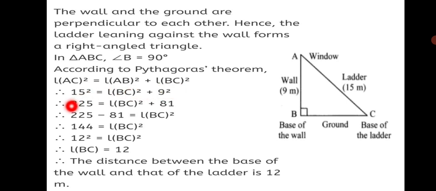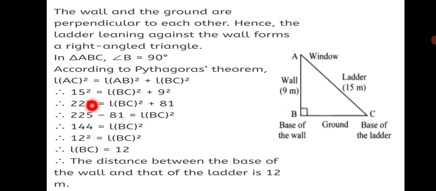Substitute the values. AC is 15. So 15 square is equal to length BC square plus AB is 9, 9 square. So length BC square we keep as it is. We write 15 square as 225 and 9 square as 81.